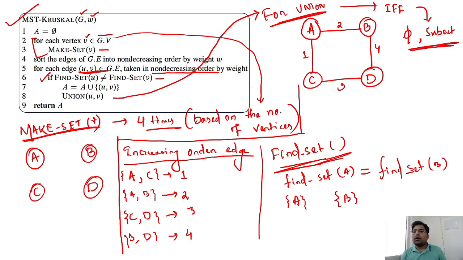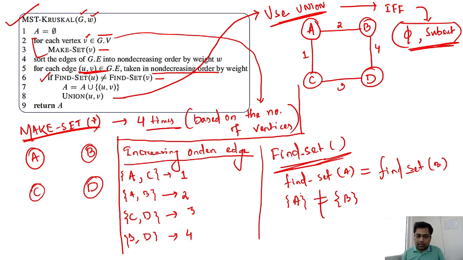I must write: use union if and only if they are in different sets. So if we ask whether find a and b are equivalent or not, we must say no, they are not equivalent, meaning a separation exists between them.